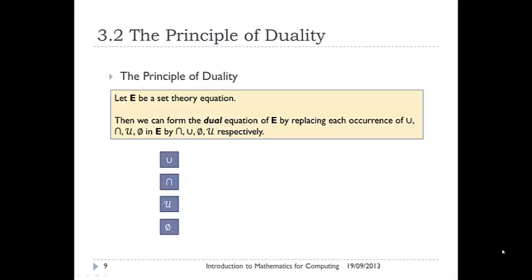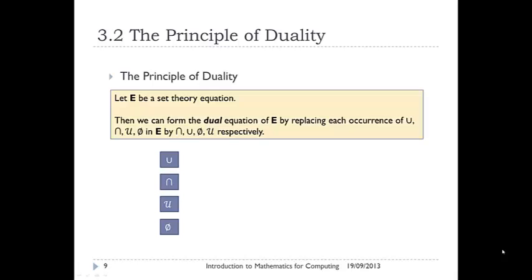We can then form the dual equation of E by replacing each occurrence of the union operator, the intersection operator, and any reference to the universal set or the null set in the original equation E by the intersection operator, the union operator, the null set, or the universal set respectively.